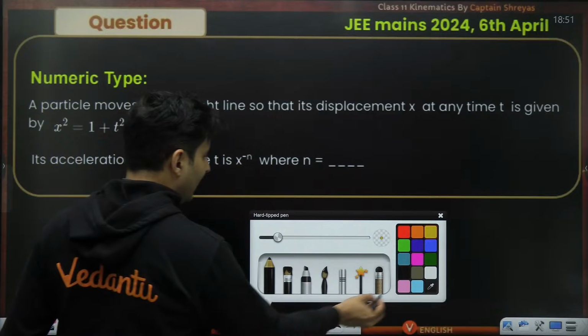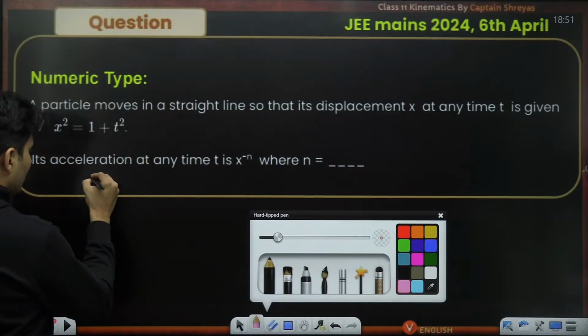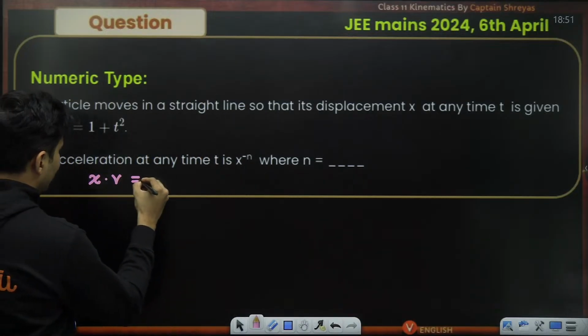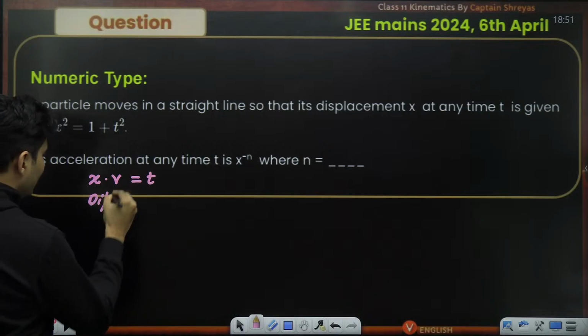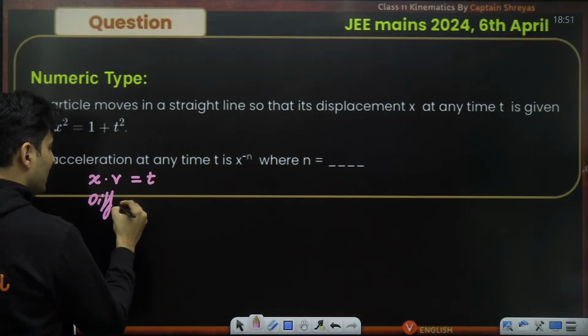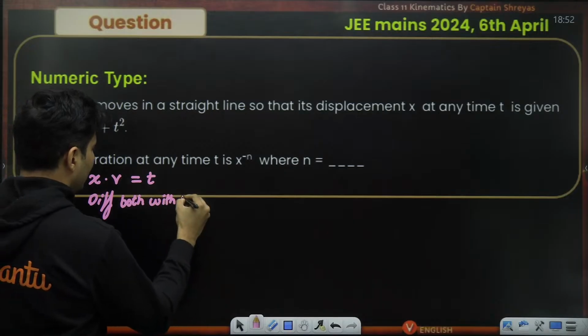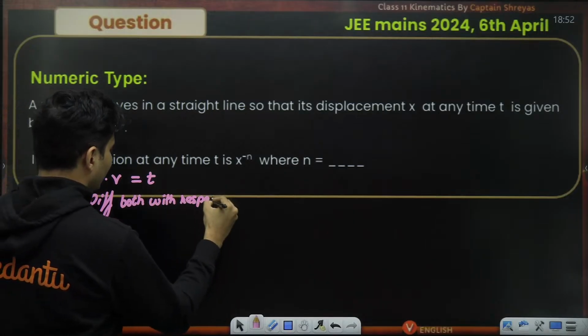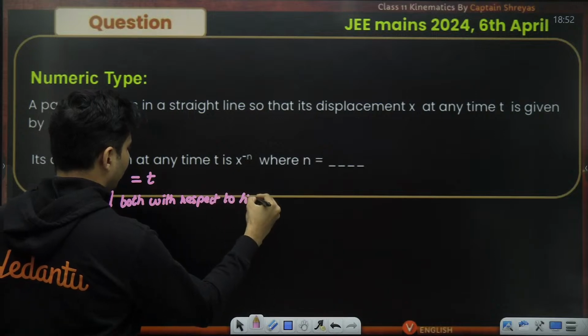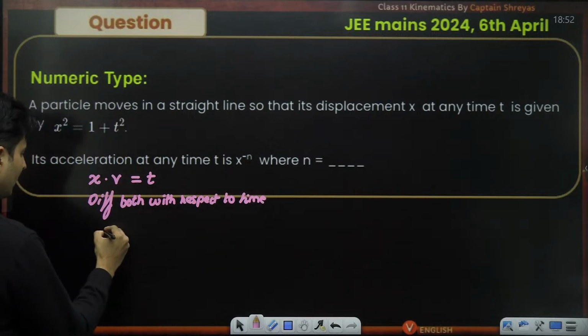So let me proceed with the next part of the problem. So if position into velocity is time, let me differentiate on both sides with respect to time. Let's see what do we get.